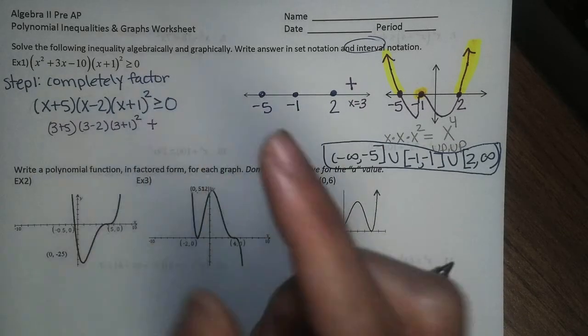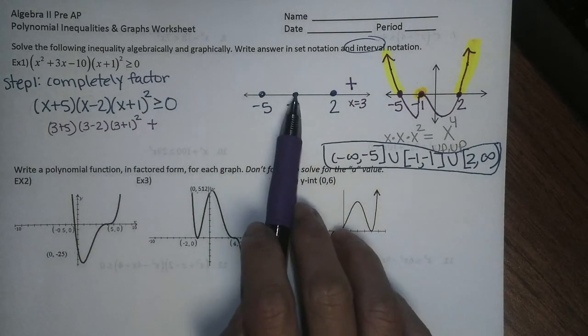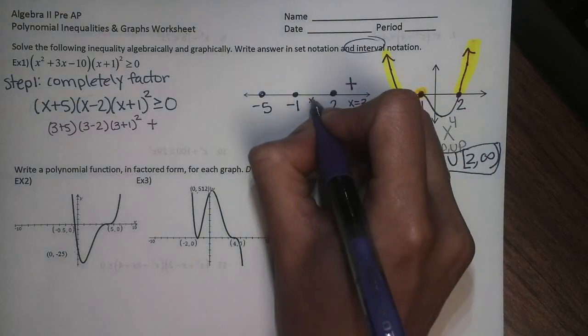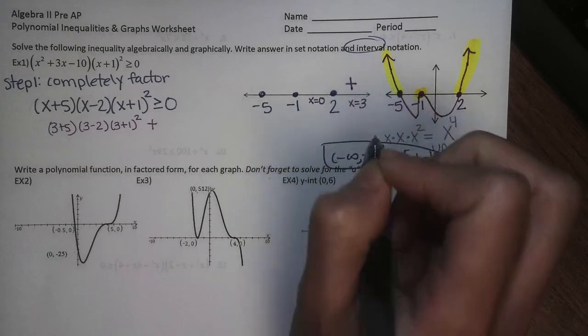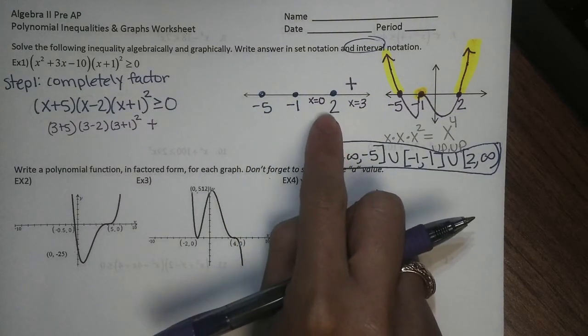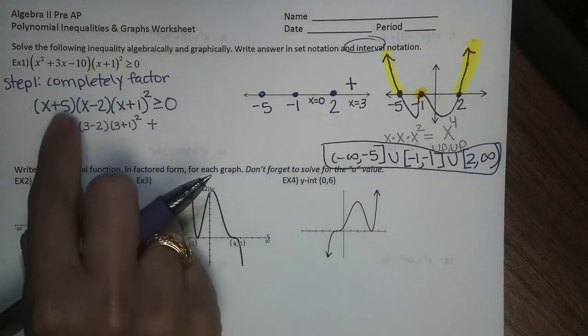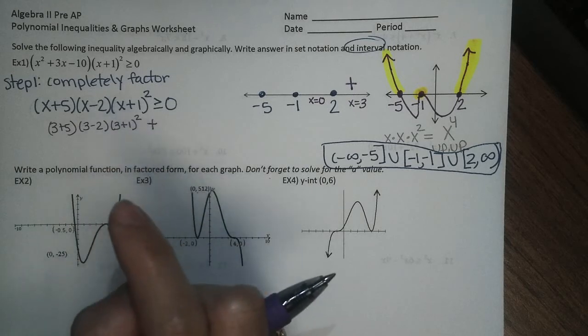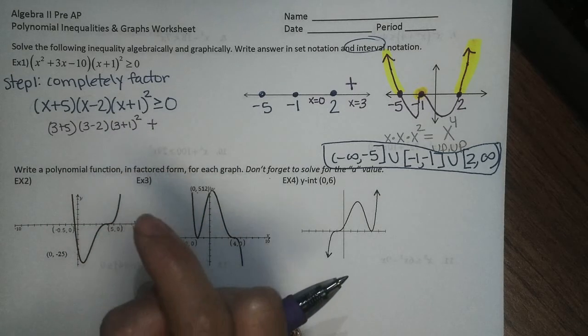Okay, next, now you need to pick a number between -1 and 2. So here, pick some number. Probably let's just do 0. Seems easy. And it could be any number between -1 and 2. And then you just repeat the process. Take x equals 0, plug it in your polynomial, and determine whether that polynomial is positive or negative there.